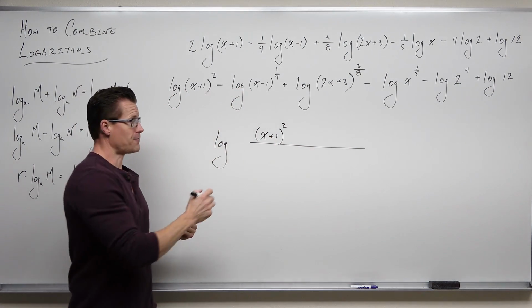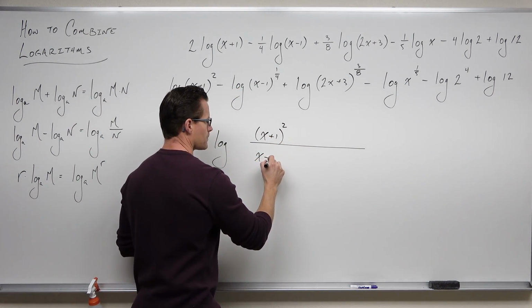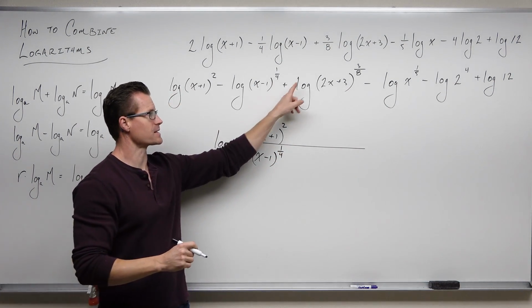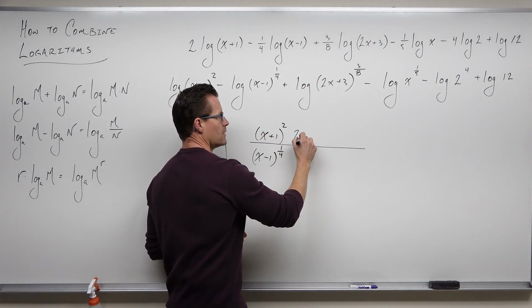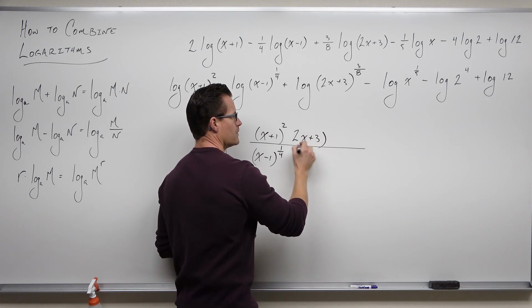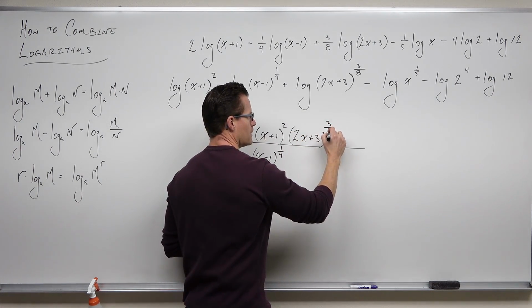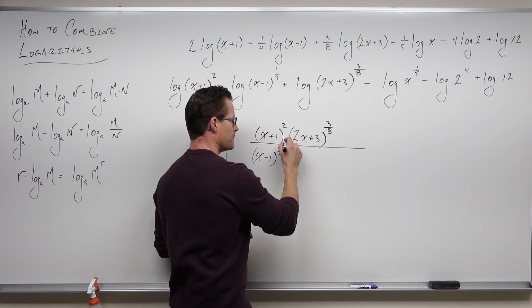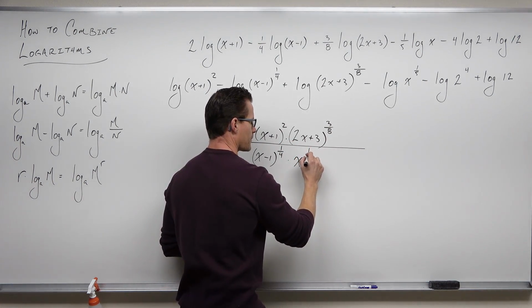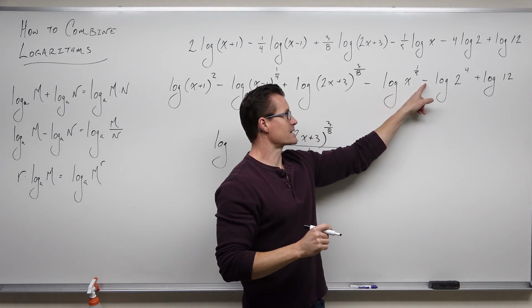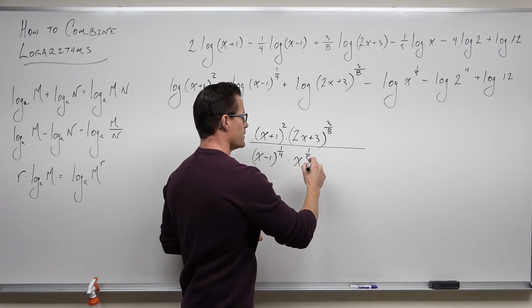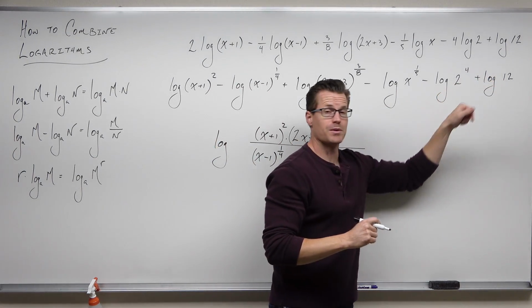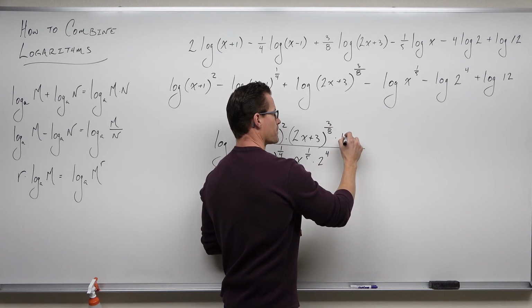Minus says, I'm going to put that factor on the denominator. Plus says, I'm going to put that factor on the numerator. Minus says, I'm going to put that factor on the denominator. Minus says, I'm going to put that factor on the denominator. And plus says, I'm going to put that factor on the numerator.